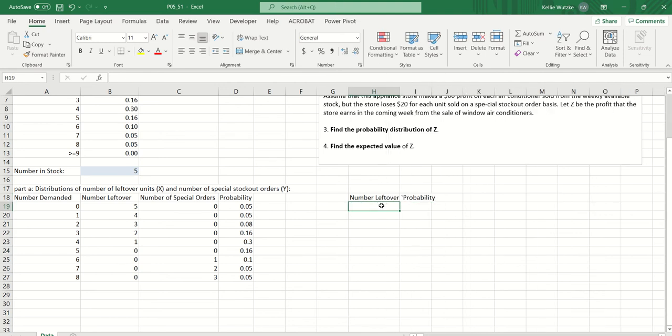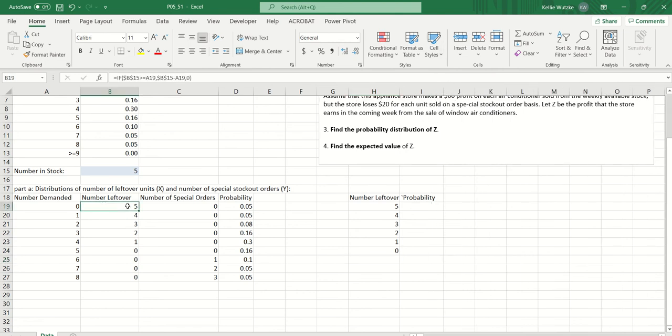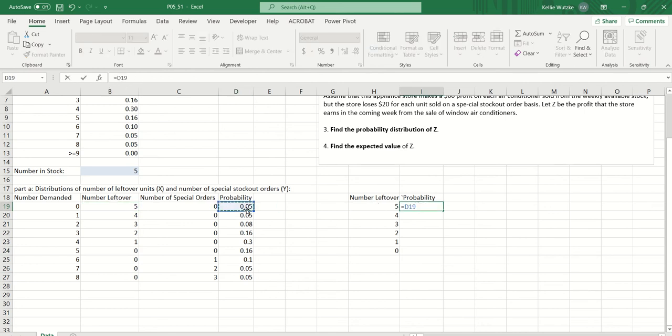The possible values for the number left over are 5, 4, 3, 2, 1, or 0. And if we look over here, the number of instances where the number left over is 5 is 1. When the number left over is 4, the probability is right here. Same for 3, 2, and 1.